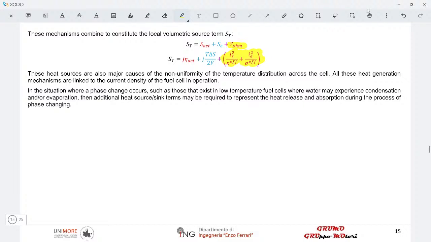But generally speaking, both because it's the only contributing factor, and because if we select good materials for the conduction, this heat generation is much reduced. The most critical situation is at the catalyst layers, where we have also activation and electrochemical reactions. But again, if you represent this source term, including all the possible reasons for heat generation, then just based on the local part where this equation is applied, on the local finite volume, you can suppress or not a specific term.